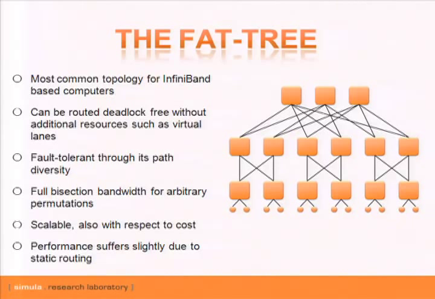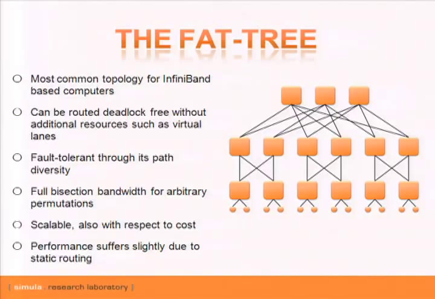Further, it also offers full bisection bandwidth for arbitrary permutations. So it's also rearrangeable non-blocking. If the number of input links and output links is equal for each stage in the tree, it's rearrangeable non-blocking. If it gets narrower towards the root, it is oversubscribed, and if it's wider towards the root, it's over-provisioned.